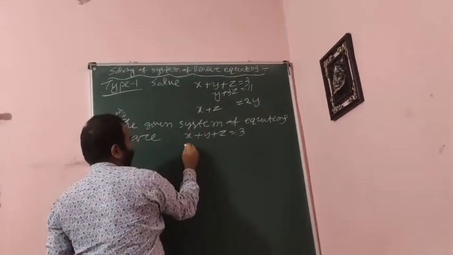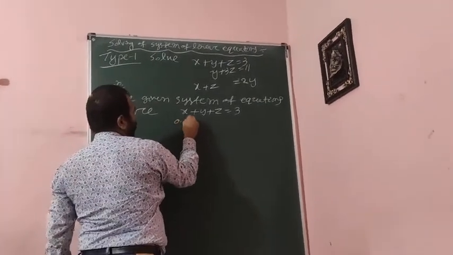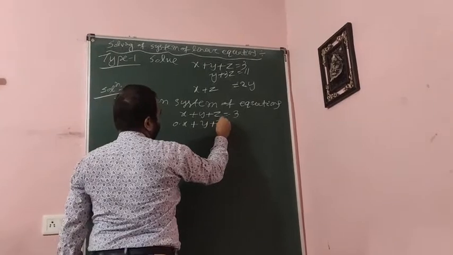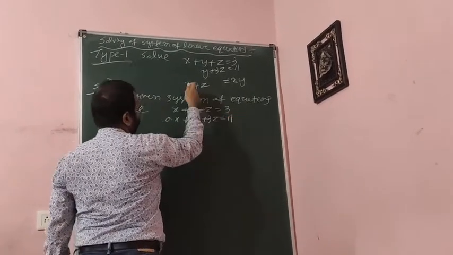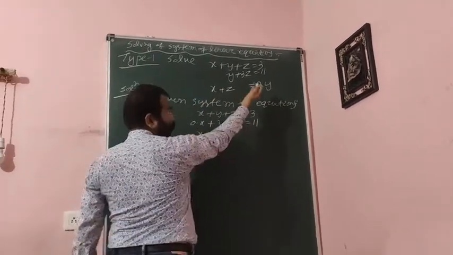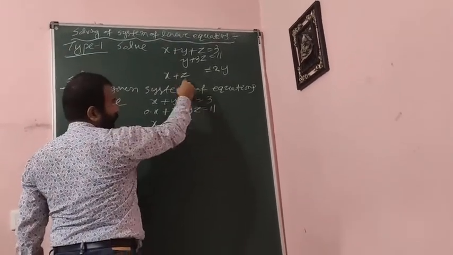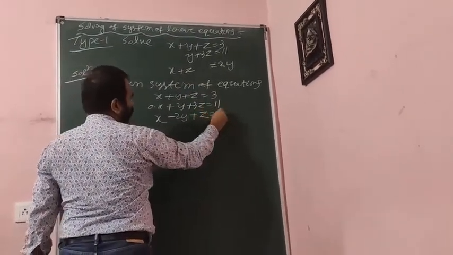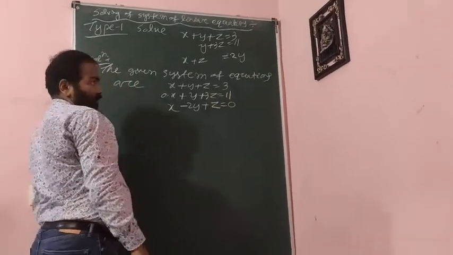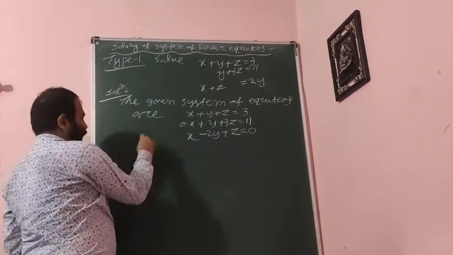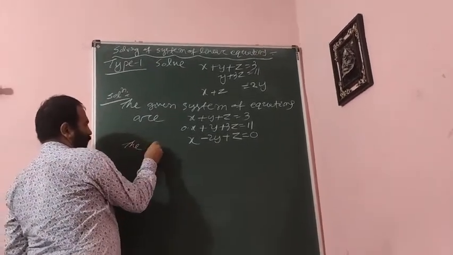So you can write 0 into x plus y plus 3z equal to 11. And here, 2y taken to the left side is minus 2y, and then plus z equal to 0. So now this is the system of linear equations. 3 equations are given.